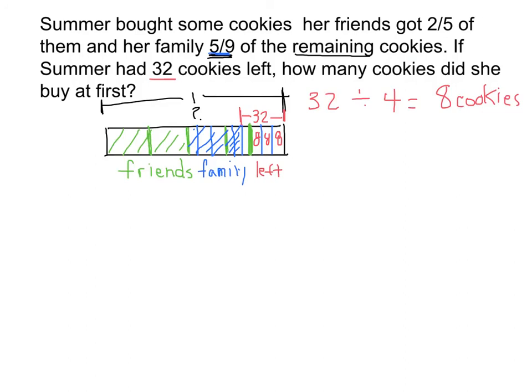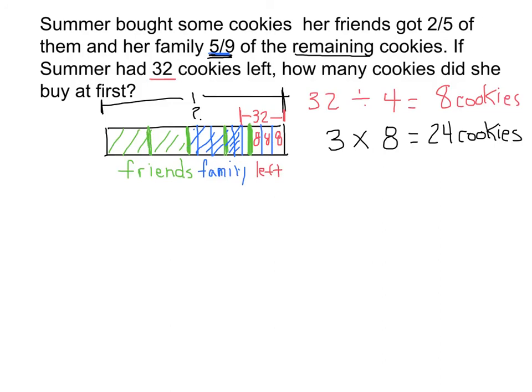So this is telling me that in 1/5 I have 3 parts with 8 in each part, so I have 3 groups of 8 cookies, which is 24 cookies. So this is 24 cookies. This has another 24 cookies. This is 24 cookies.